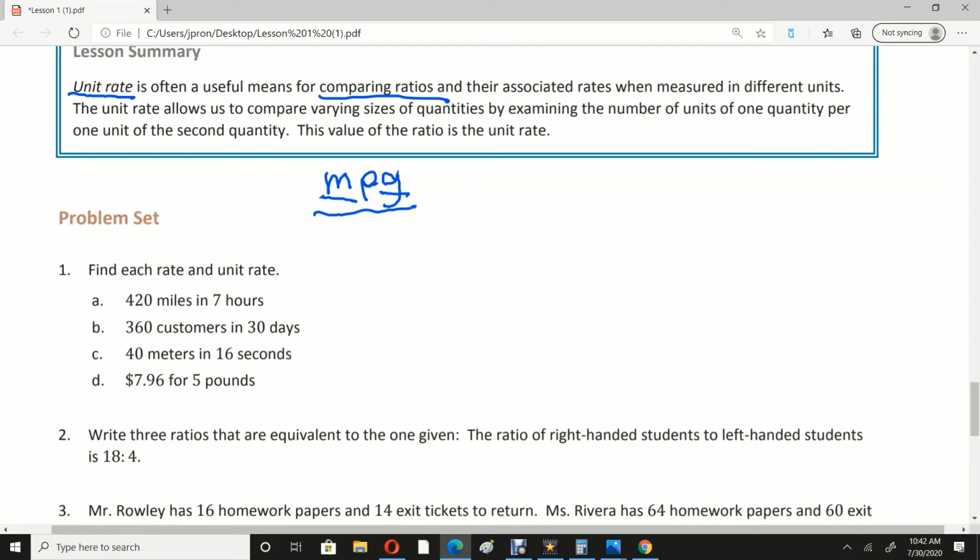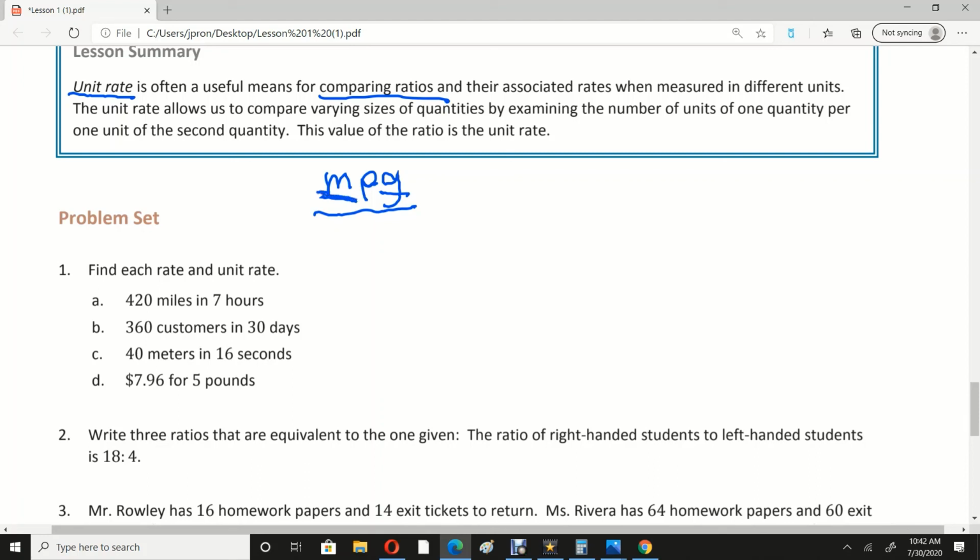Okay, so it's useful for comparing ratios, comparing real life situations, and their associated rates when measured in different units. Right, very good. The unit rate allows us to compare varying sizes of quantities by examining the number of units of one quantity per 1 unit of the second quantity. Right, so we're always comparing two different quantities, right?